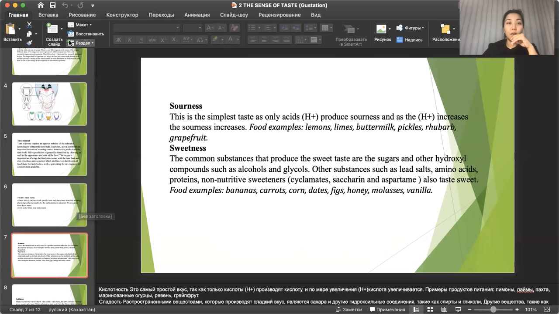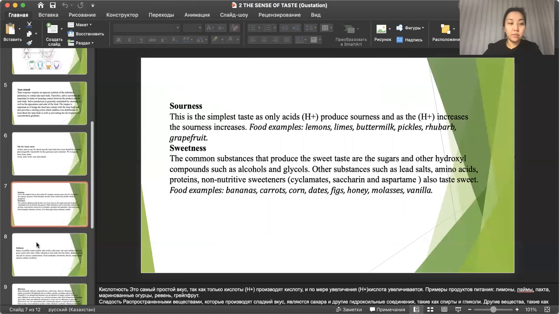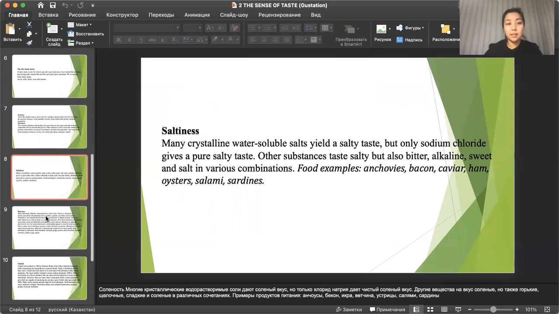Sweetness is about the common substances that produce the sweet taste, and examples of sweet products are banana, carrots, corn, honey, vanilla, and so on. About saltiness, examples are anchovies, bacon, caviar, ham, oyster, salami, and sardines.